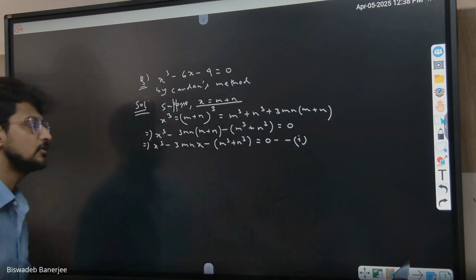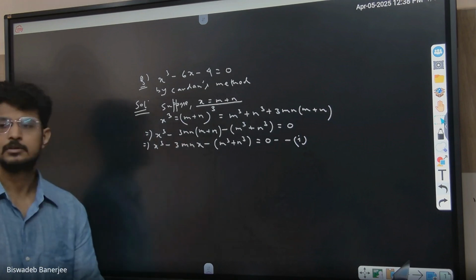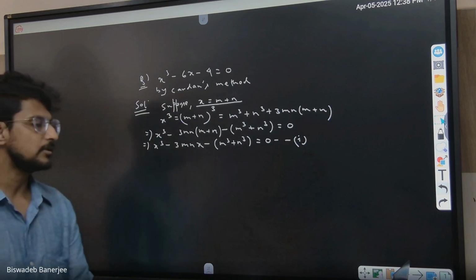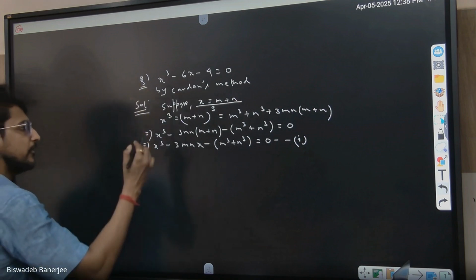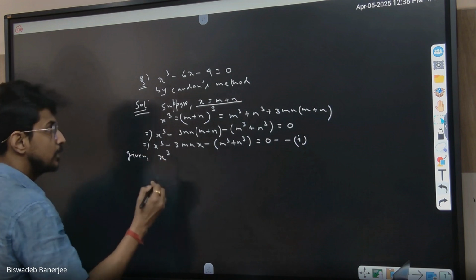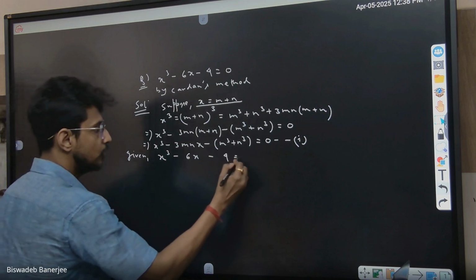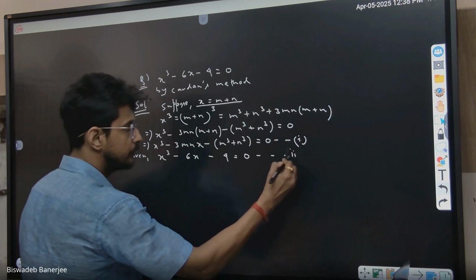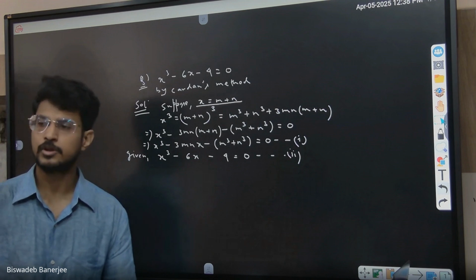This part remains as it is. And my given equation is x cube minus 6x minus 4 is equal to 0. Equation number 2: x cube minus 6x minus 4 equal to 0.